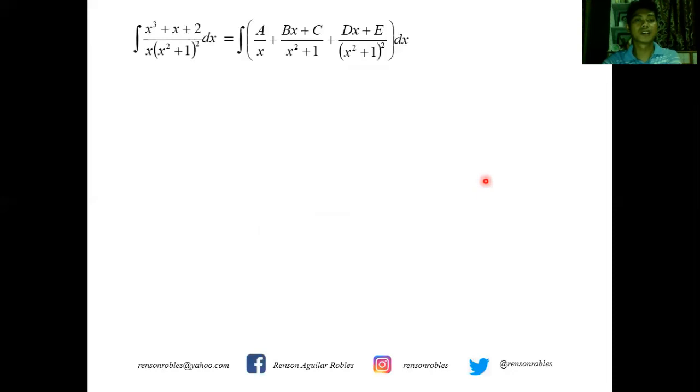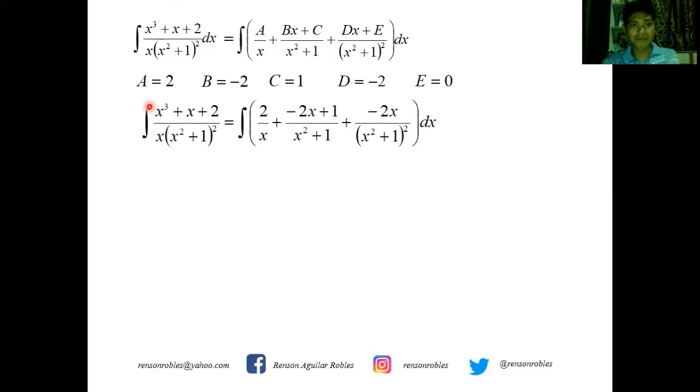Okay? So you have the integral of x cubed plus x plus 2 all over x times the quantity x squared plus 1 squared dx is equal to the integral of a all over x plus bx plus c all over x squared plus 1 plus dx plus e all over the quantity x squared plus 1 squared dx. So we'll now replace a, b, c by these values which we have obtained earlier.